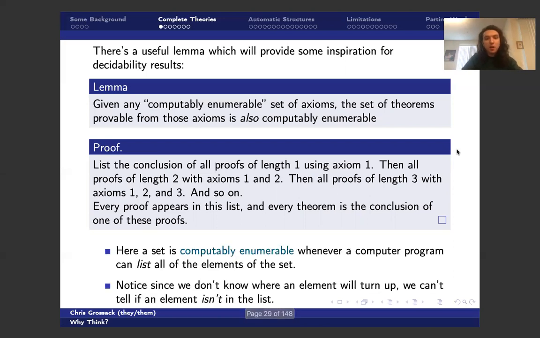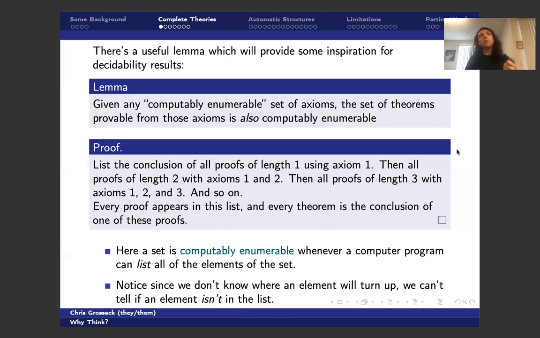OK, so notice, since I can list all the theorems, this does not mean I can list all of the non-theorems, right? Because I have some infinitely long list of all of my theorems. And if I have something that I want to know if it's a theorem, well, I say, is it the first thing in the list? No. Is it the second thing in the list? No. Is it the third thing in the list?